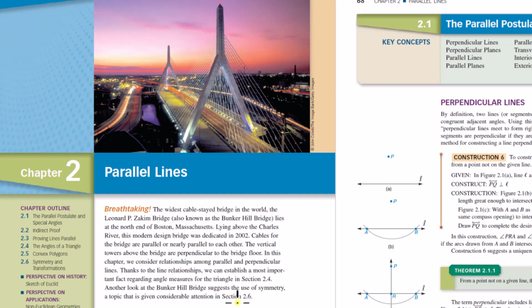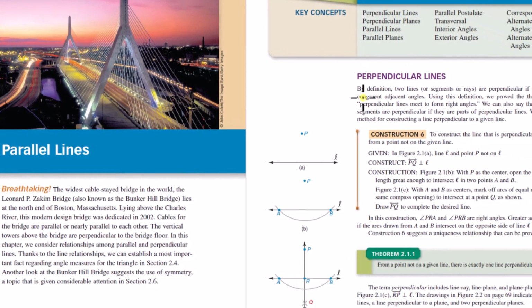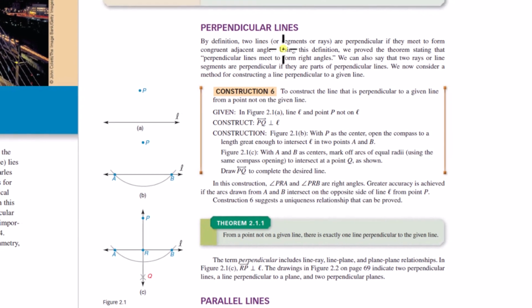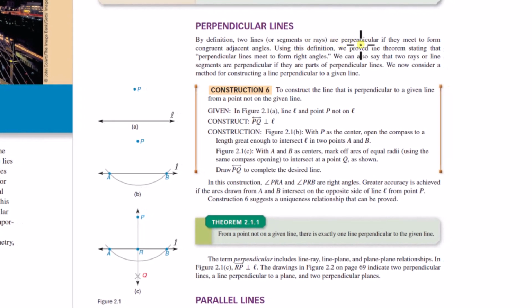So, okay, perpendicular lines. By definition, two lines or segments or rays are perpendicular if they meet to form congruent adjacent angles. Yes, we learned that's the definition of perpendicular. It's not that they form 90-degree angles; the 90-degree angle comes as a result of the definition of perpendicular, but that's not part of the definition.